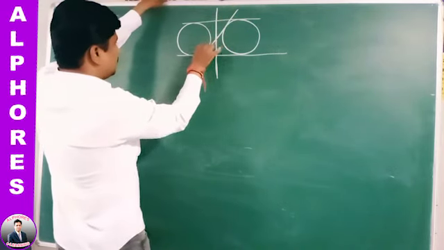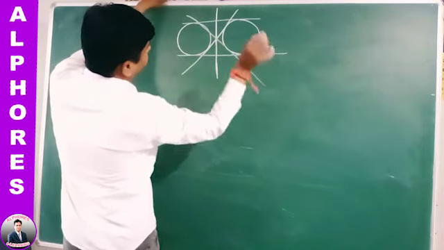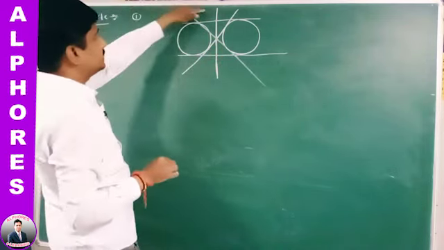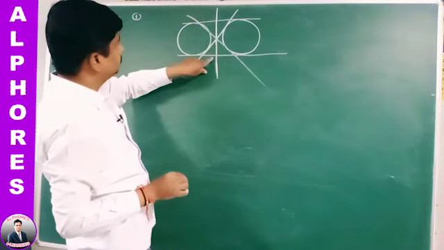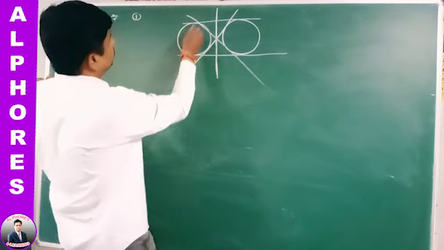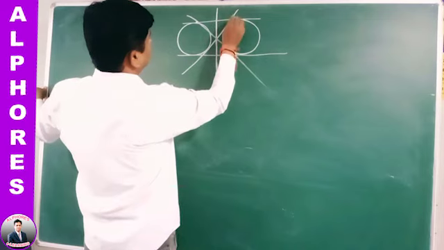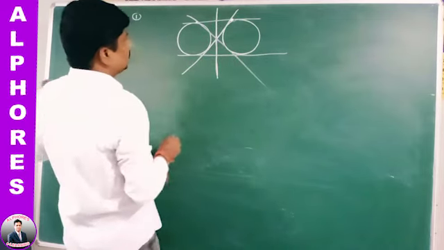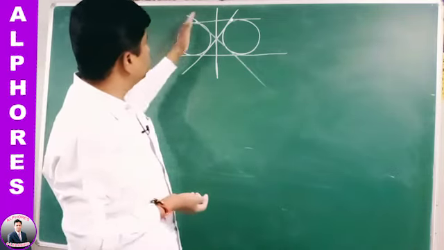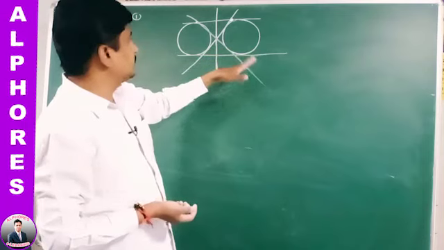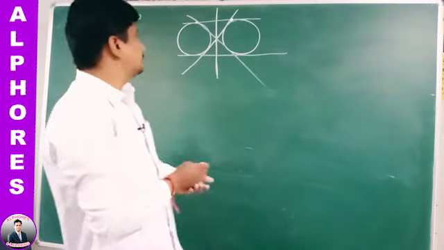Here, this line bisects all the common tangents. Okay, here the radial axis of the two circles bisects all the common tangents of the given circles.